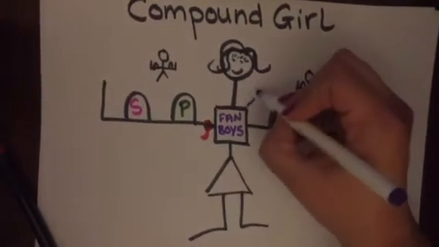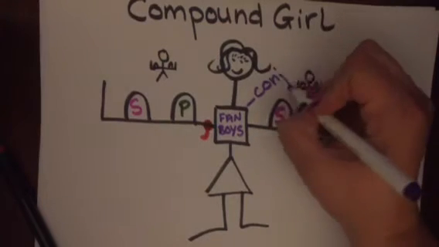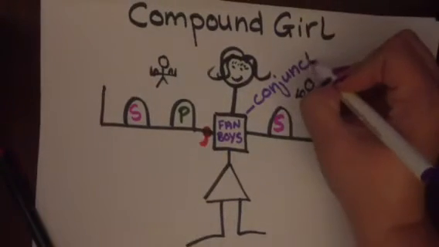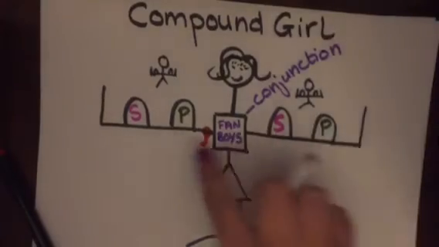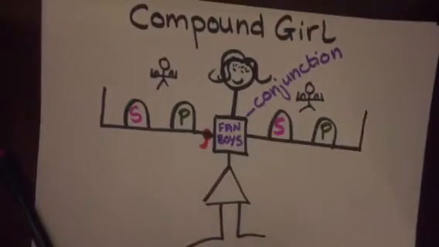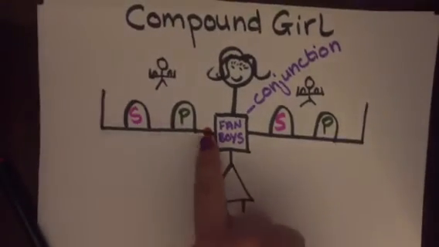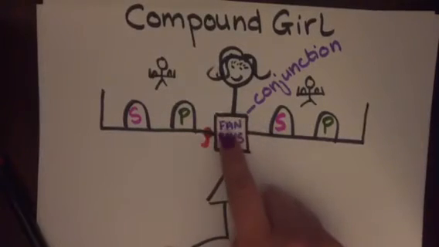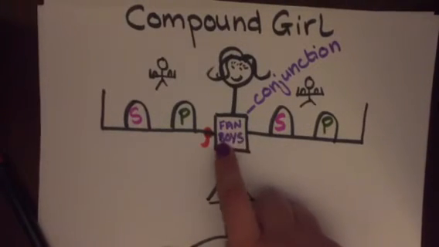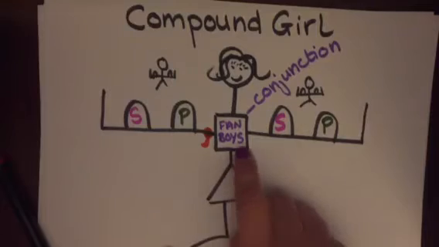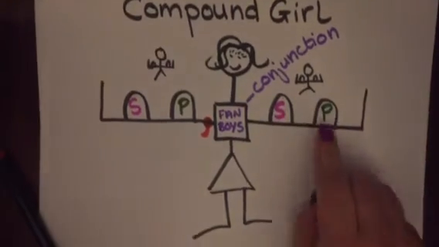Fanboys. They're our conjunctions. They are like the glue that sticks the two simple sentences together. So we have simple sentence, comma, a conjunction that could be for, and, nor, but, or, yet, or so, then another subject and another predicate.